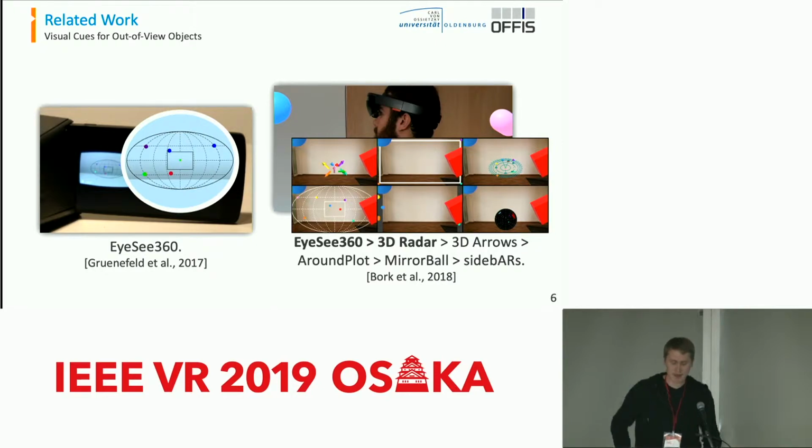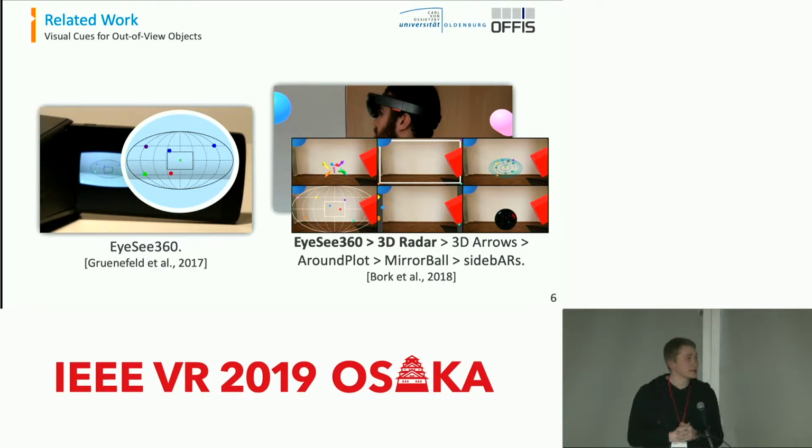Second here was another technique called 3D radar, which can be seen in the third picture in the top row. The technique here is a little bit different. 3D radar is an overview+detail approach. That means we have our detailed view and see an overview of the scene. In this 3D radar, the objects are rendered, but we also have to find ourselves in that radar, so where we are.